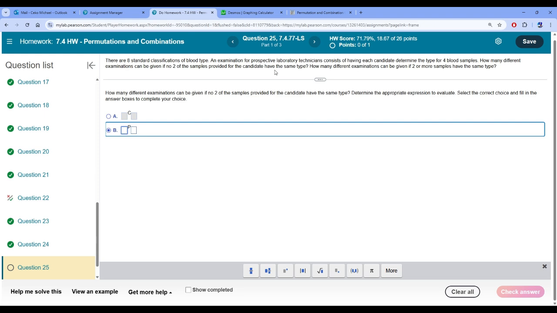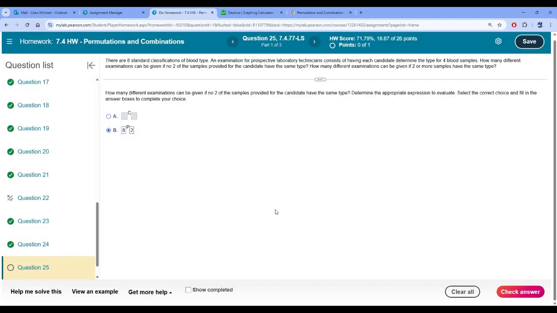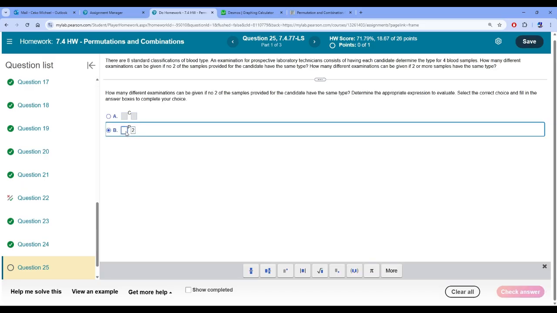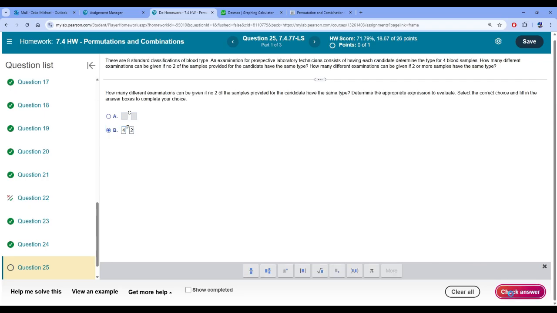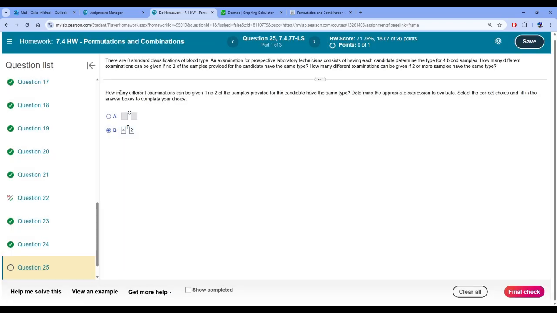An examination, 8C2. How many different examinations can be given if no 2 of the samples provided for the candidate have the same type?